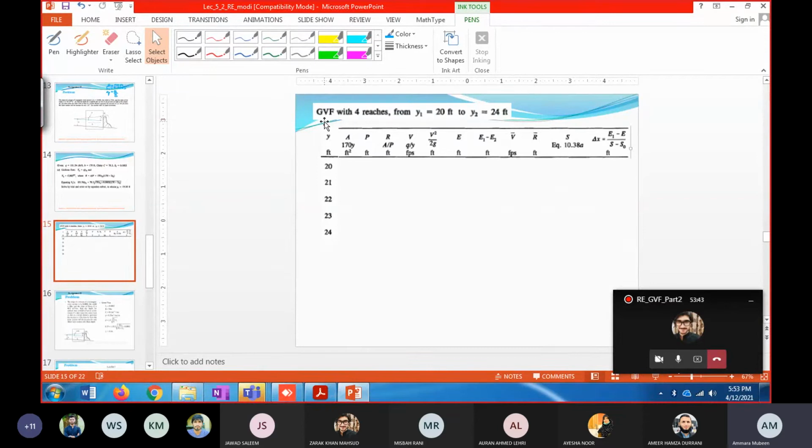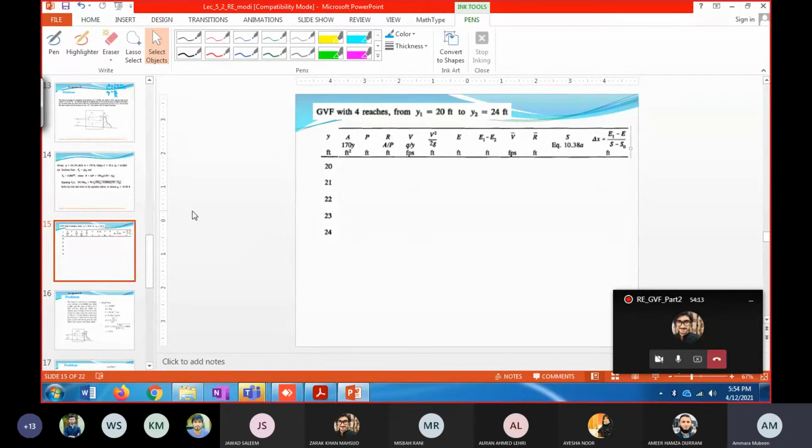So you will be taking 4 reaches for gradually varied flow, from y1 to y2. Y1 is the upstream depth, and y2 is the downstream depth. Just calculate all these parameters.